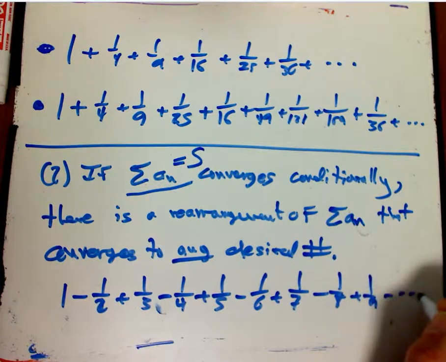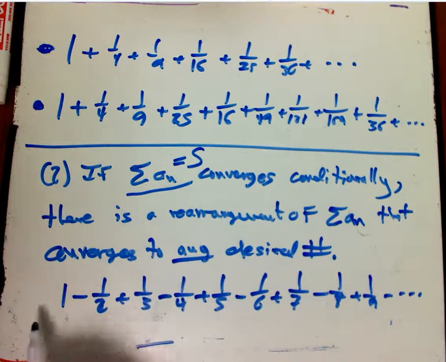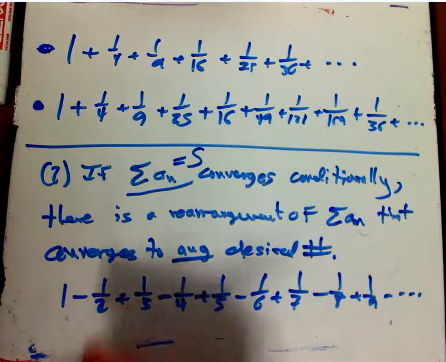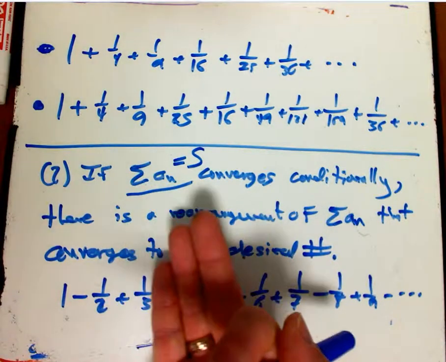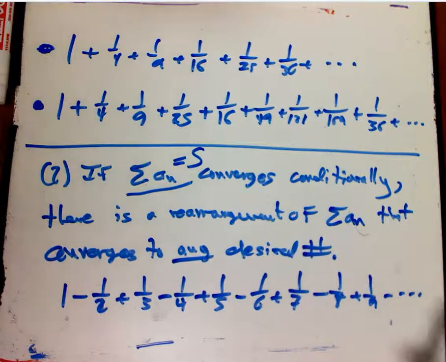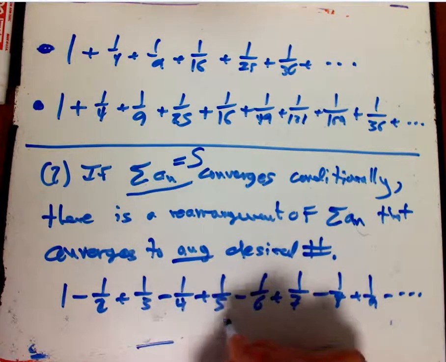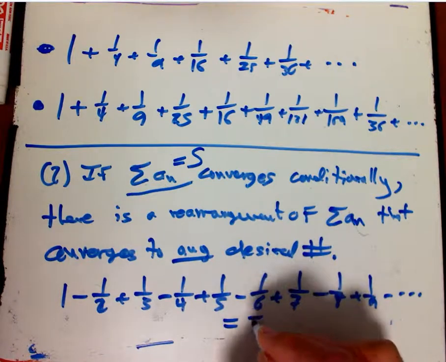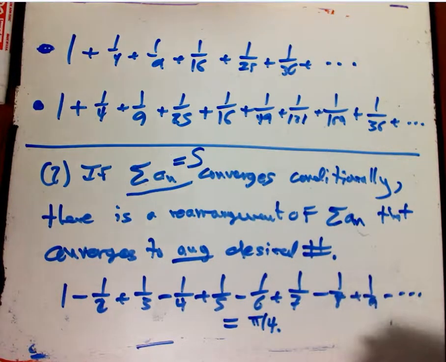I've got this series, and when I add it up in this order, the partial sums are 1, 1 minus a half, 1 minus a half plus a third, and I take the limit of that sequence in that order, I get this cool answer. It turns out to be pi over 4. I don't think I've mentioned that before, and we'll see soon why that's true.